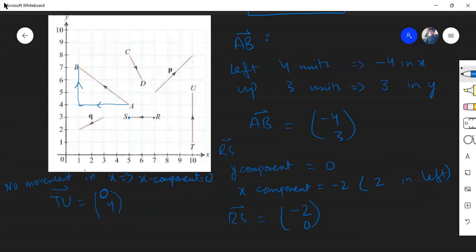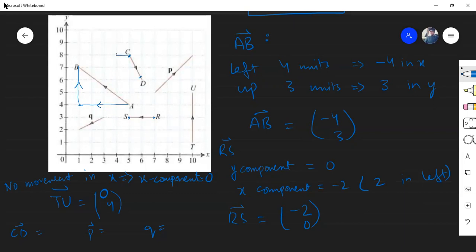Tell me the column vectors of CD, P and Q. CD is (-1, 2)? No. We're going from C to D. -1 would mean going one to the left.